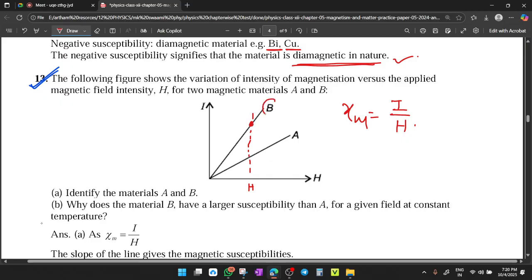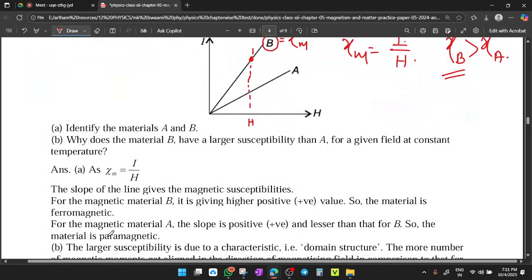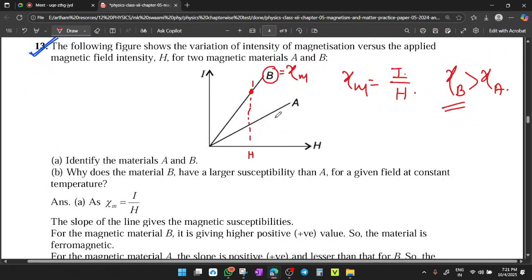Material B will have the greater I, so it will have higher susceptibility. So chi for B is greater than chi for material A, right? Both susceptibilities are positive.